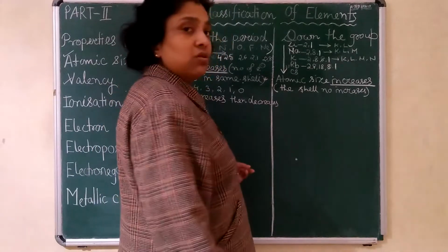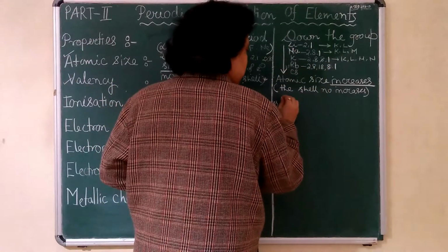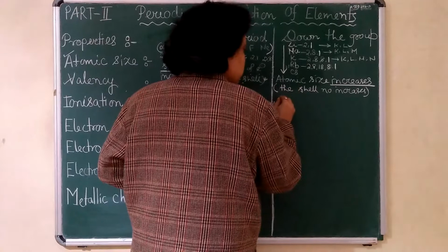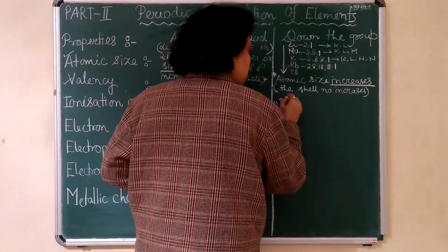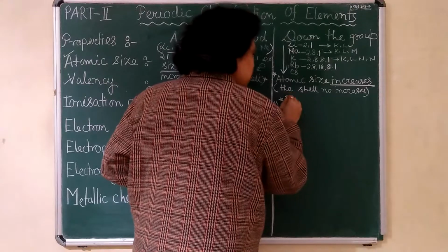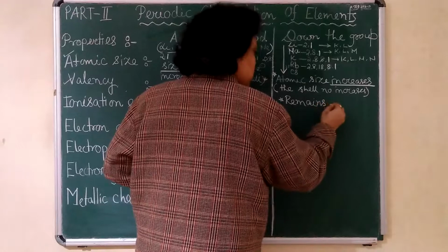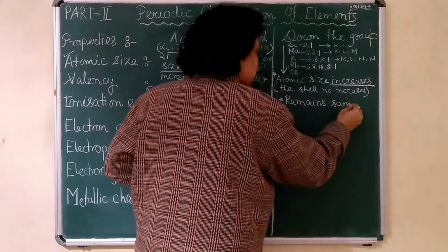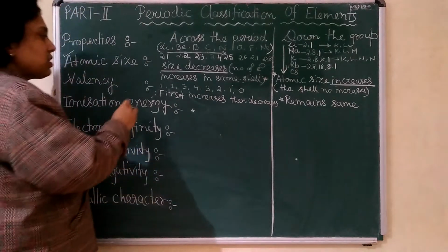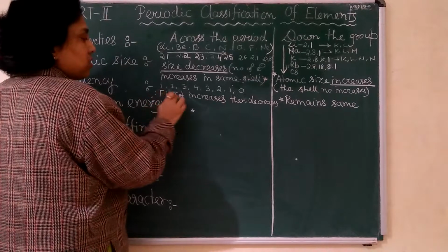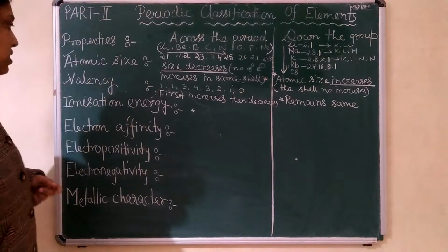The metal will lose 1 electron, so the valency will remain the same. For valency property, down the group we will write remains same. Understood? Okay. So across the period it increases and then decreases, and down the group it remains same.